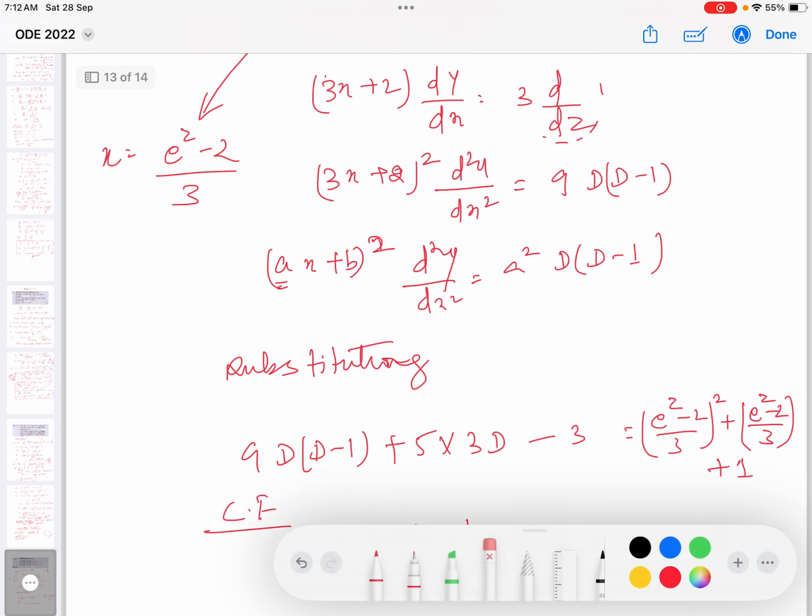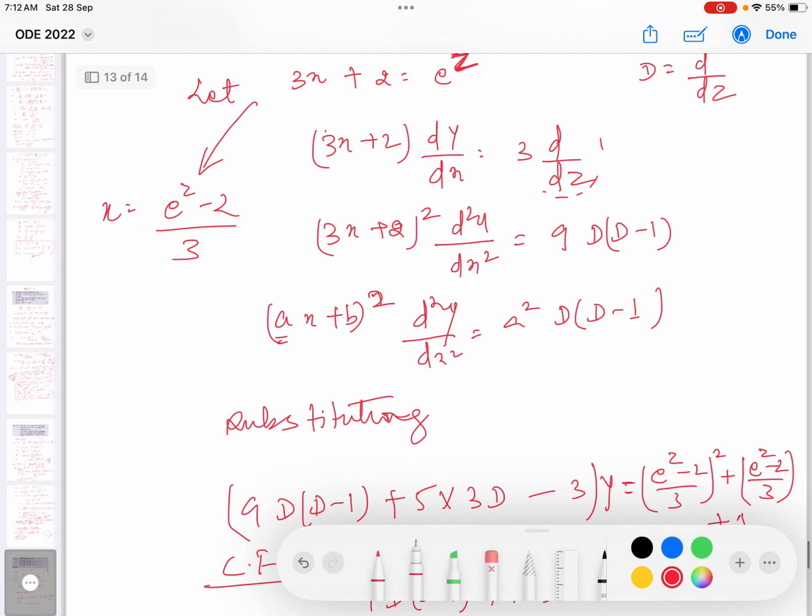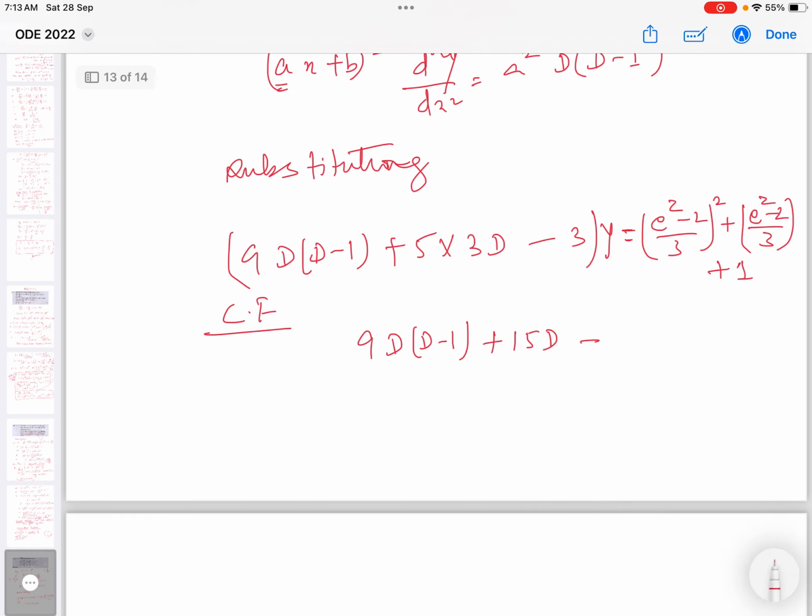This entire term will be multiplied by y, and this will become 3 dy by dz. Then make it equal to 0. So we get 9d square minus 9d plus 6d minus 3.